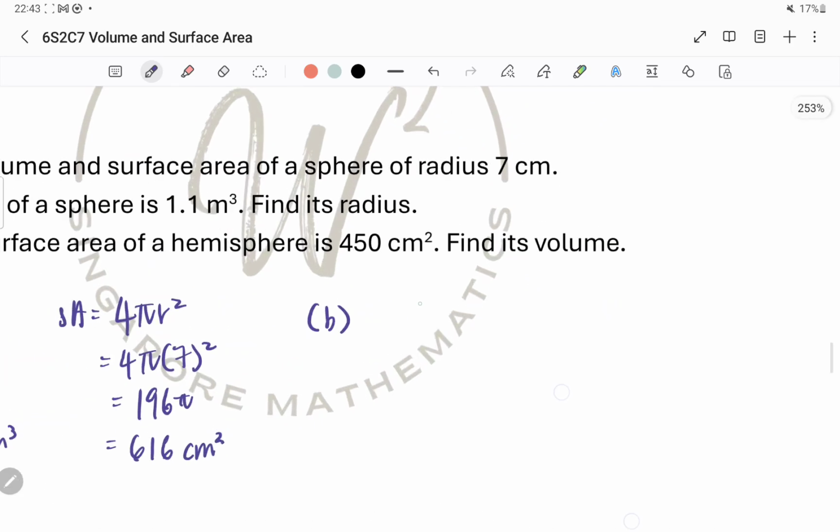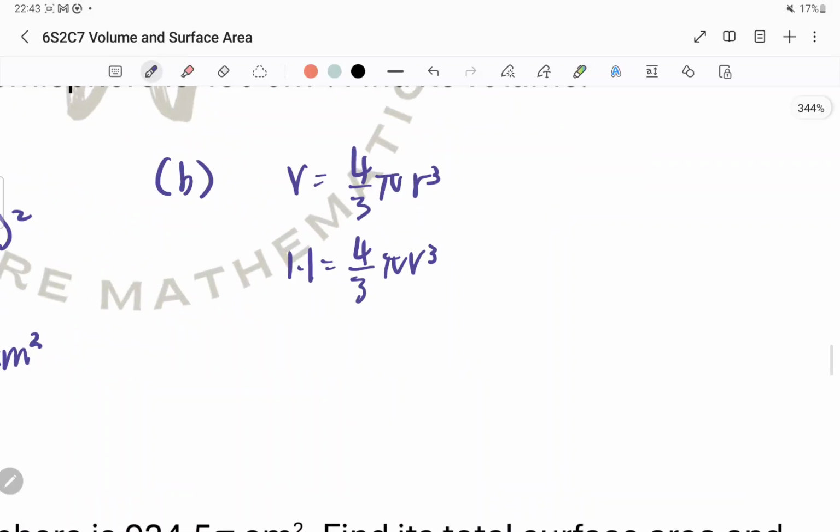Next, the volume of a sphere is 1.1 meter cube. Find the radius. So volume equals to 4 over 3 pi r cube. The volume they give you is 1.1 equals to 4 over 3 times pi times r cube. What I want you to do is put everything to the other side first. Pi r cube you put on the left hand side. Then 4 over 3 you bring over. When it's multiplied, you bring over is division.